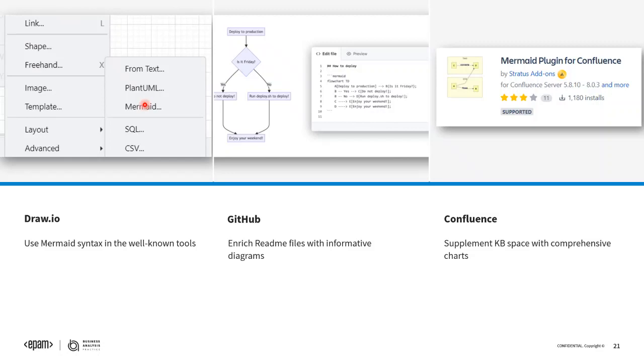And it has... I searched for it the other day, and there are like 4 or 5 plugins if you search in Confluence for plugins that support Mermaid. As you can see, it has only 1,200 installs. But it makes some KB space comprehensive.